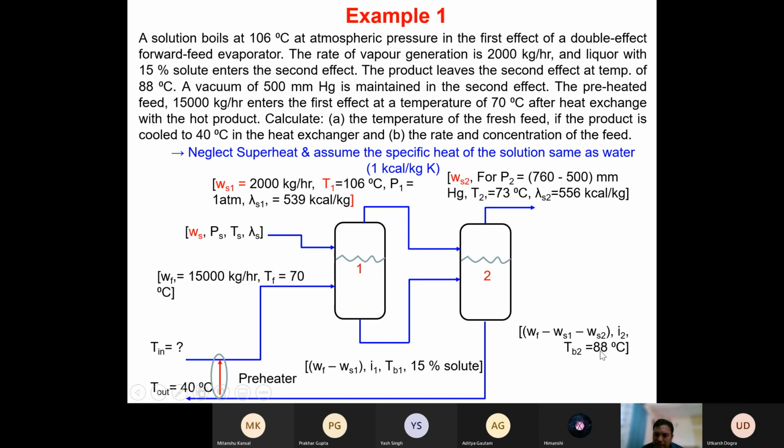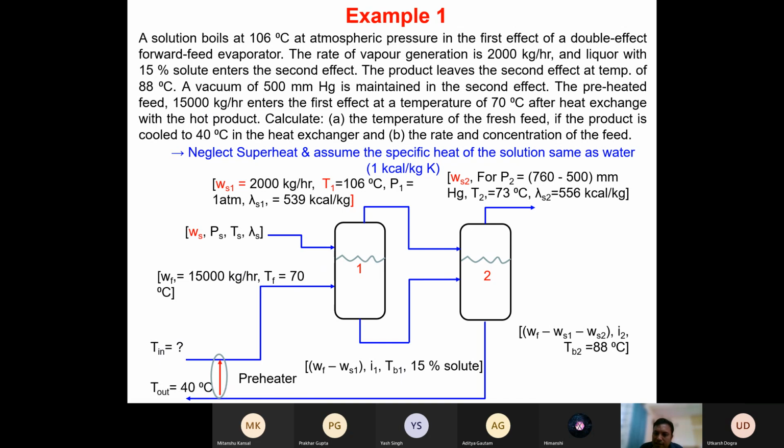Here 88 degrees Celsius is there, but after exchanging the heat, its temperature is 40 degrees Celsius. But how much is the amount of this product coming out from the second effect, we don't know. Also, we need to calculate the rate and the concentration of the feed. That is what we have to calculate.